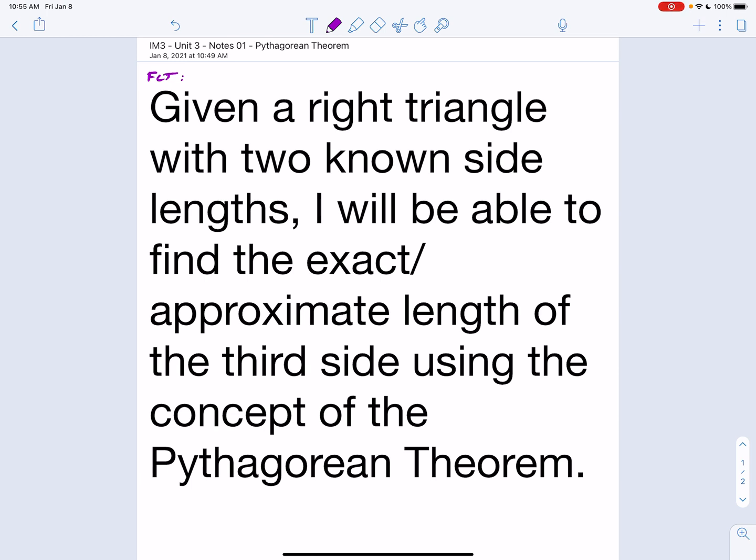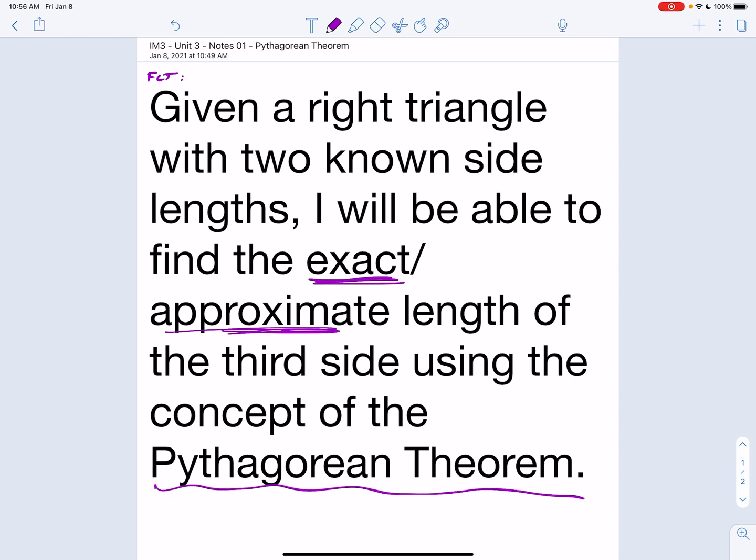Press play whenever you're ready. So here, given a right triangle with two known side lengths, you're going to be able to find the exact and the approximate length of the third side using this concept that we call the Pythagorean Theorem. You should have seen the Pythagorean Theorem at least once in the last few years.